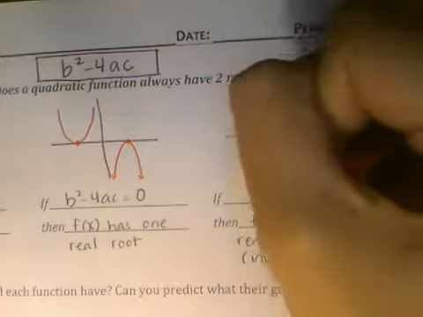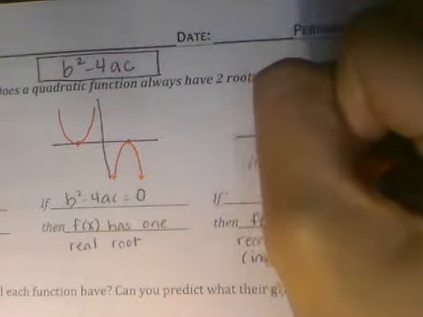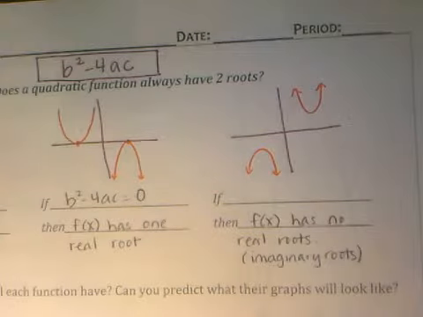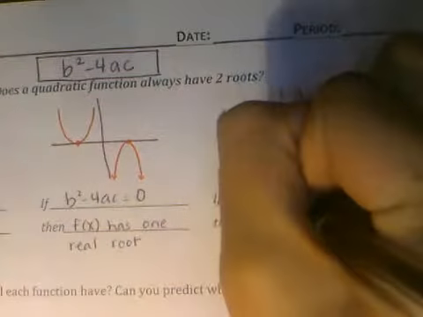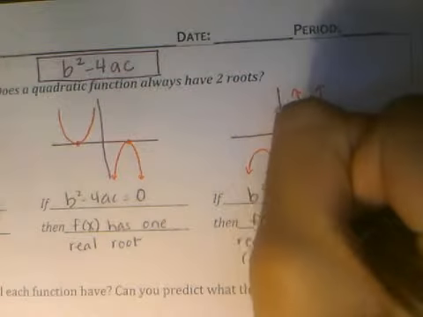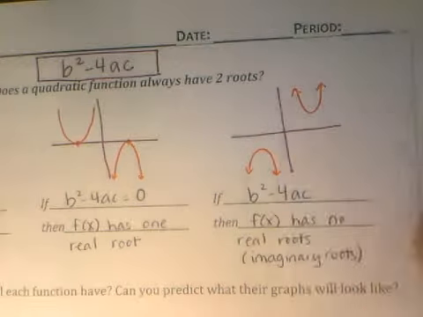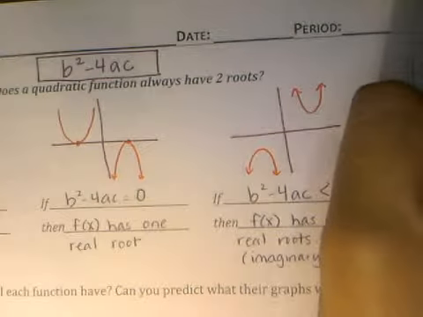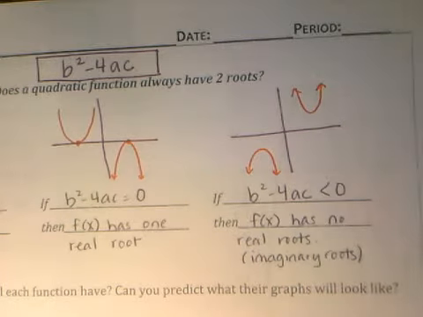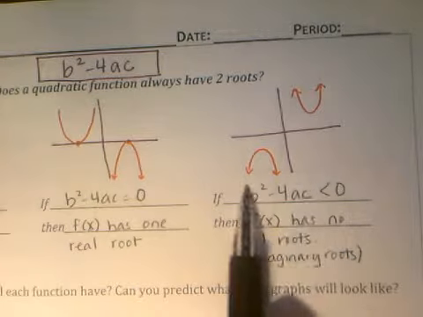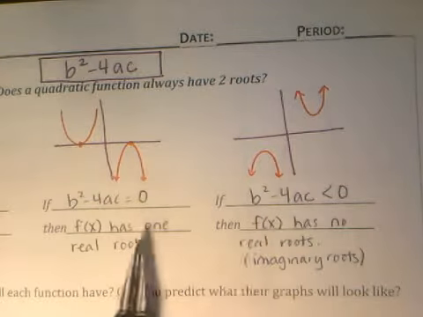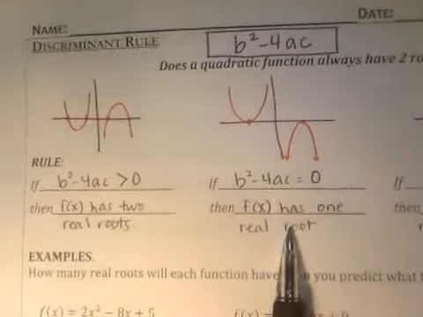And it could be going up or it could be going down, either way. And what you'll find is that if you calculate the discriminant, b squared minus 4ac, this expression will turn out to be a negative number. In other words, it's less than 0. So what we can do is we can use this little trick to predict whether or not my parabola is going to have any roots.